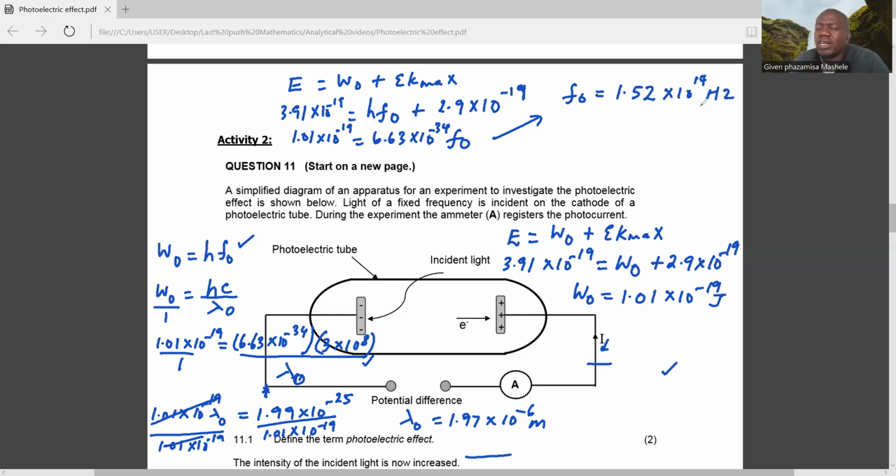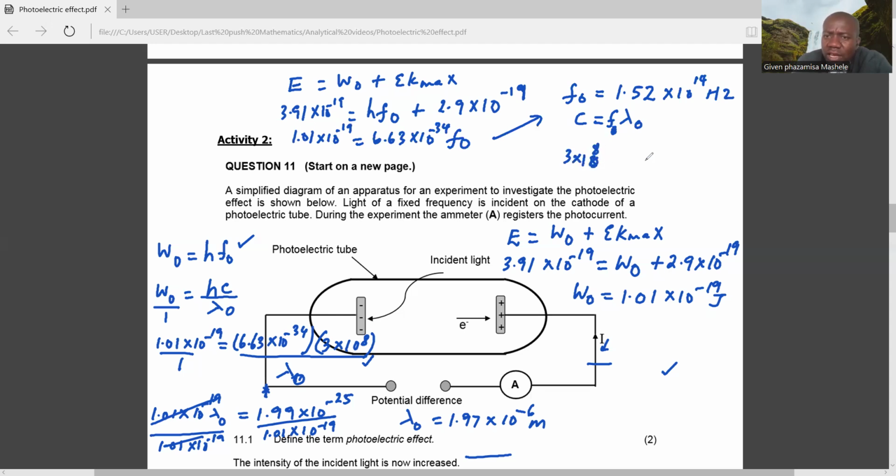And since we do not want the cutoff frequency, we want the cutoff wavelength, we use the speed equation, which says speed equals f times lambda. We're going to call it f naught and lambda naught. So what is the speed of light? 3 times 10 to the power of 8.